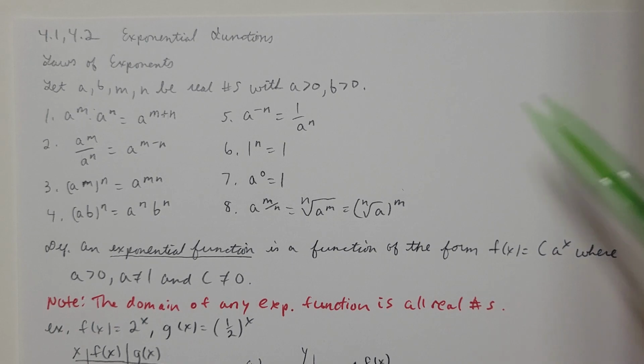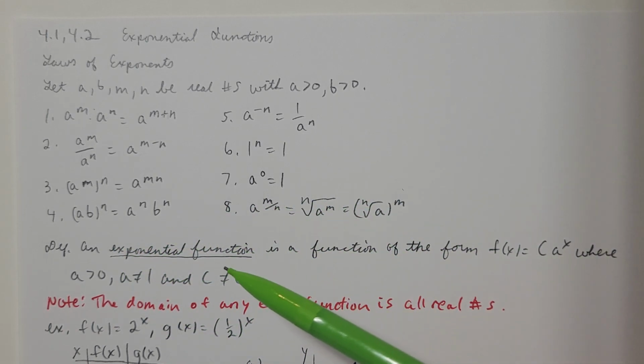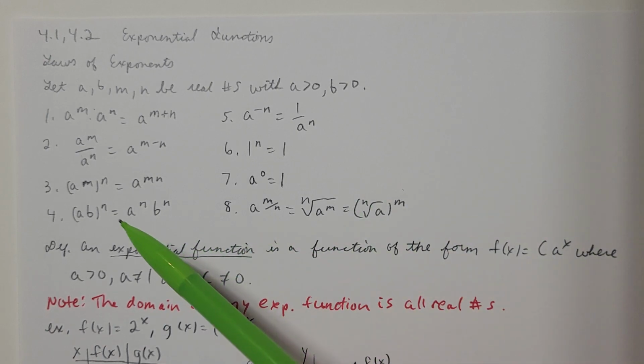So I'd have a to the n times b to the n. Or if I had a divided by b to the n, that would be the same as a to the n divided by b to the n. Now, never ever can I bring in the power if I'm adding or subtracting things. I get a wrong answer then. So it's only if you're multiplying or dividing these inner terms.